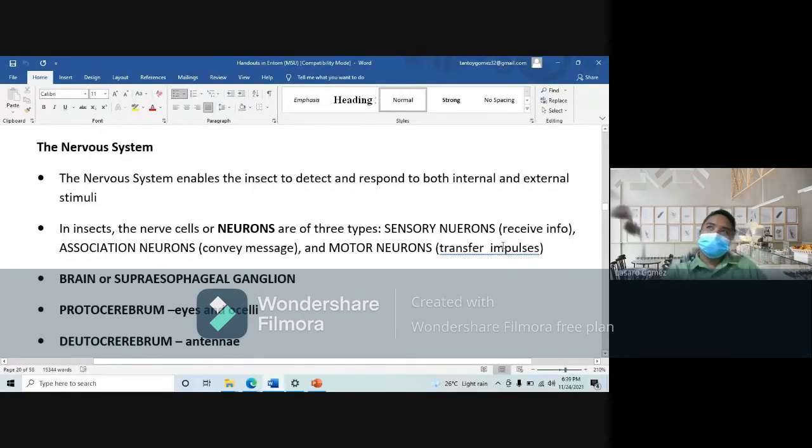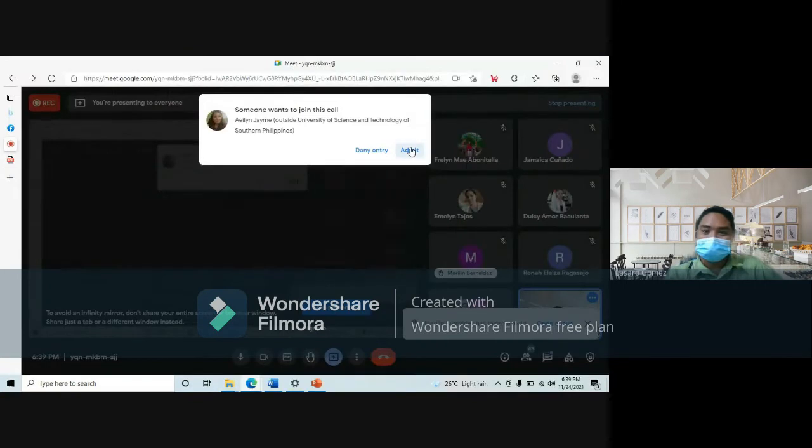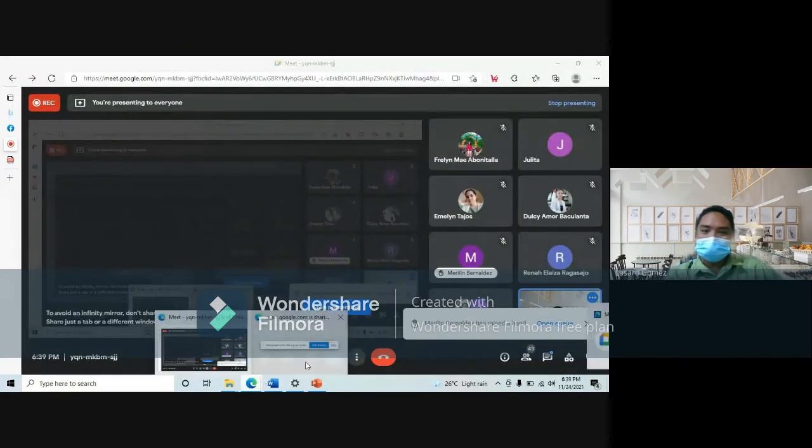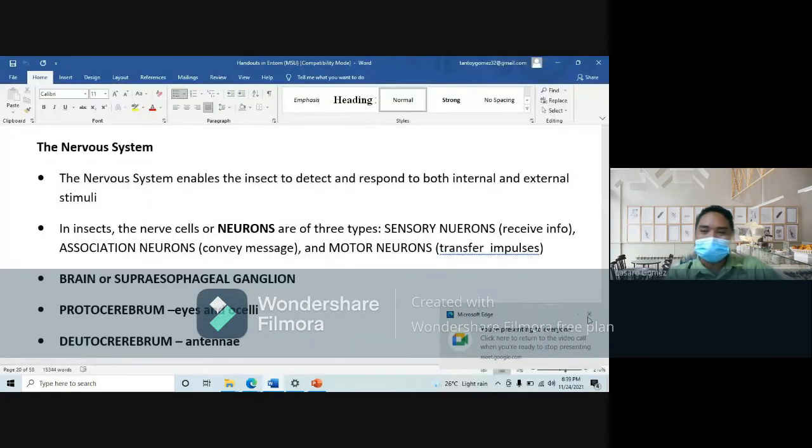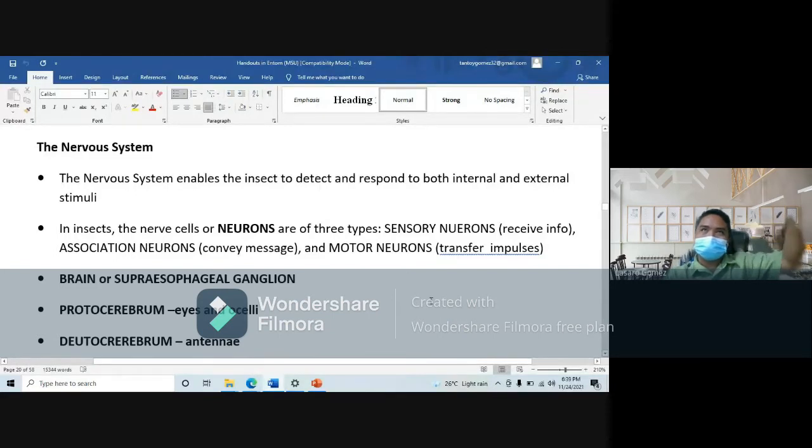We can receive information because of the sensory neurons that we have. We are the highest form of animals. We also have the association neurons, which convey messages. Insects don't talk like us.